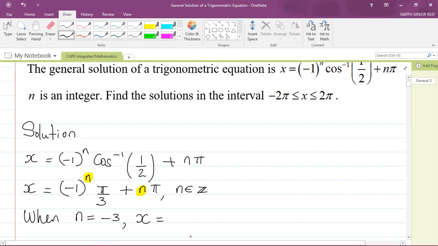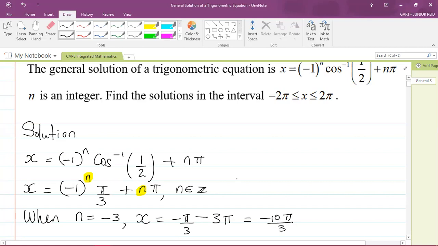That will give you -pi over 3. Okay, -pi over 3. And then we're going to have -3 times pi. All right, -3 pi. Now, if you calculate that, you will get -10 pi over 3 radians.